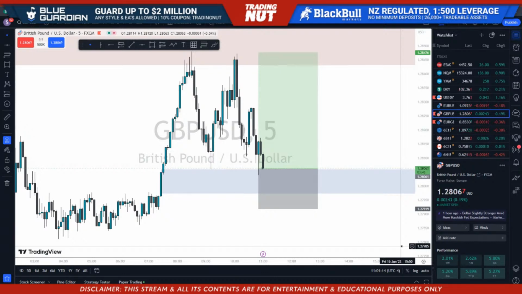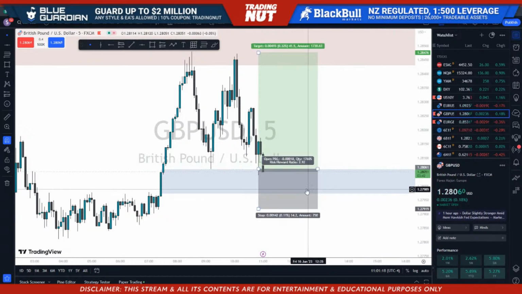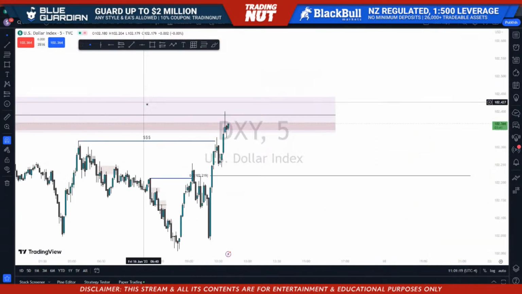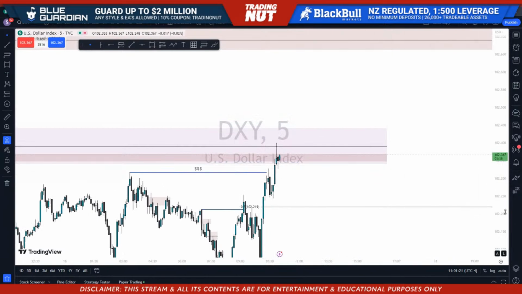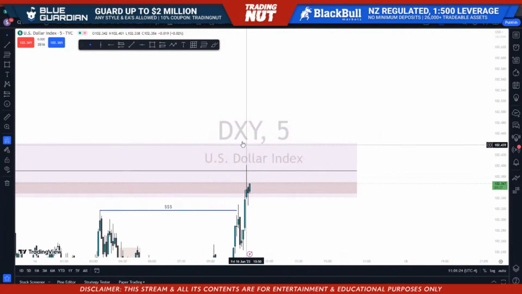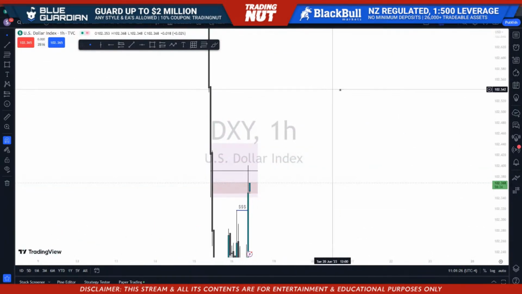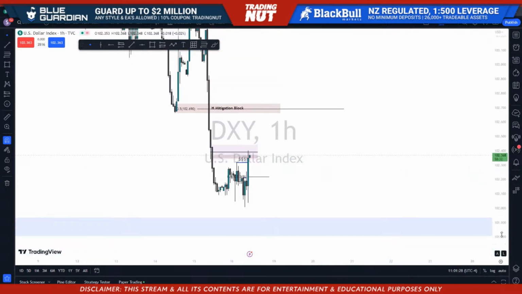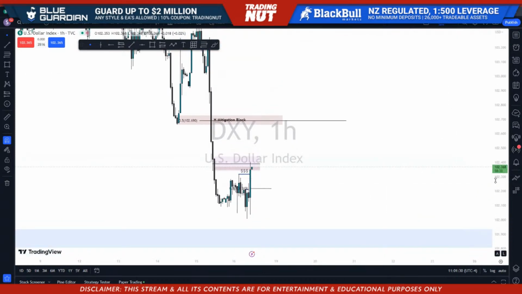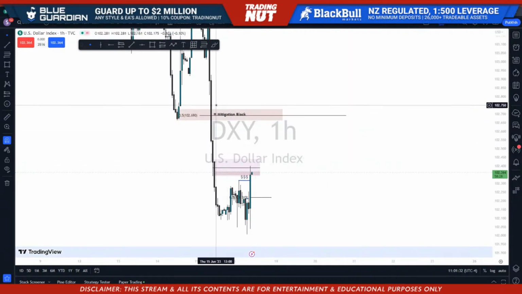All right, came back down to entry. Just take a look at the dollar index. Still around that order block. Want to see an expansion away. I did have this mitigation block from earlier.